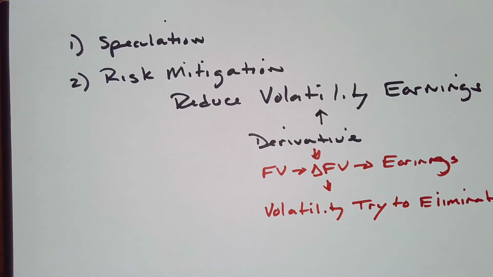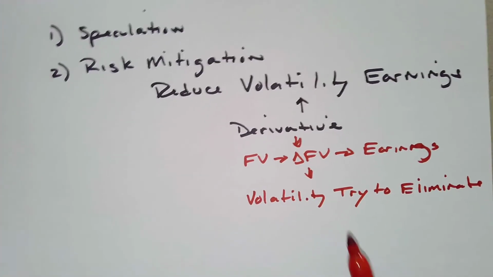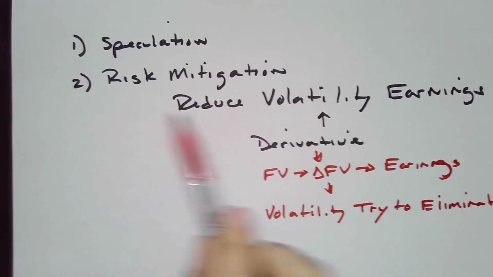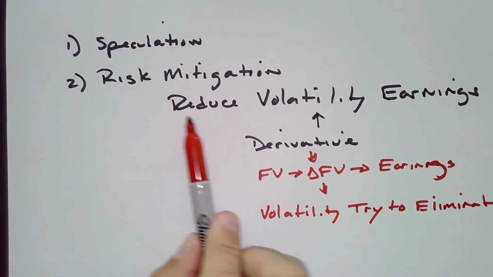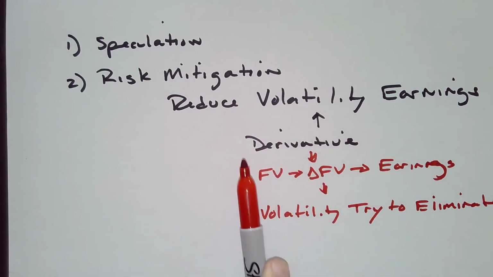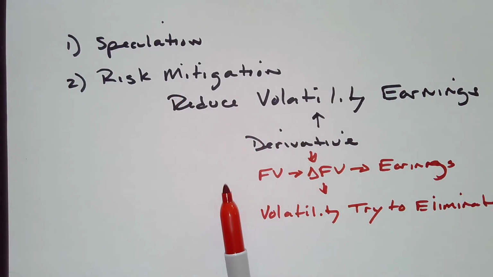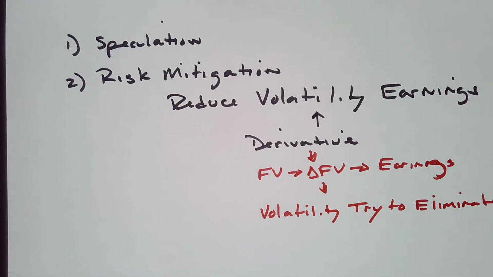So they're doing the right thing. They're getting into these derivative contracts to do the right thing, to manage risk, reduce volatility in earnings. They do it with a derivative, and it creates volatility in earnings. So this becomes an accounting that they don't like, because they don't want that.